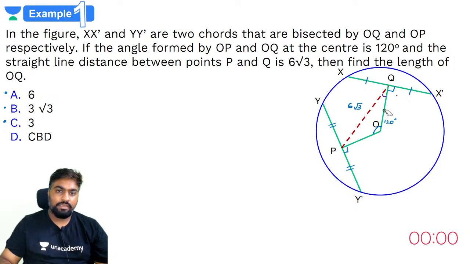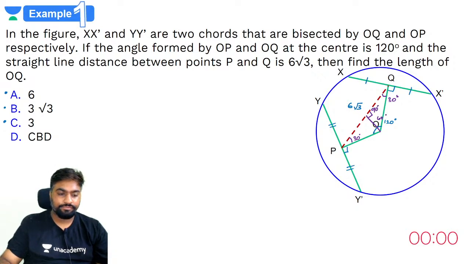I'll do this again. See, this is 120 degrees, that means this will be 30, this will be 30. Agreed? Ultimately, if I draw a perpendicular here, this will make a 90-60-30 triangle.